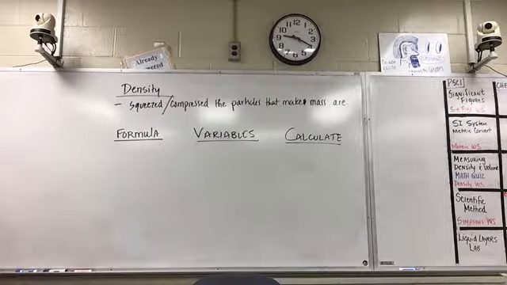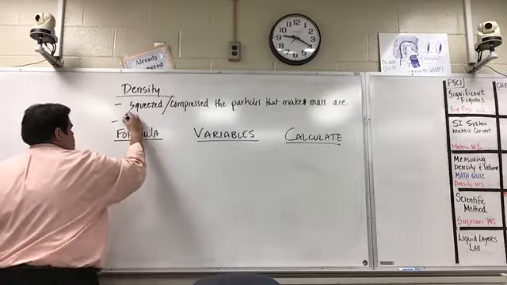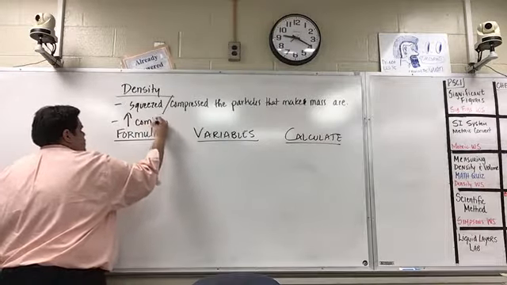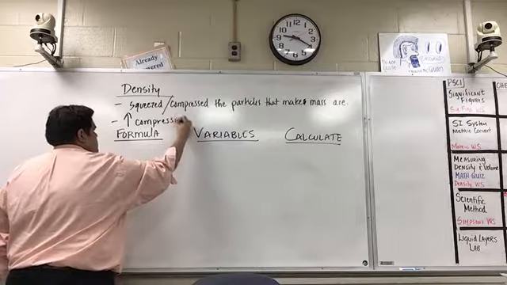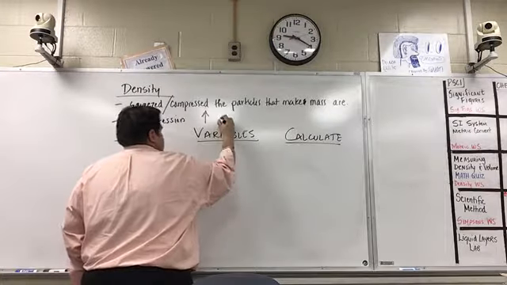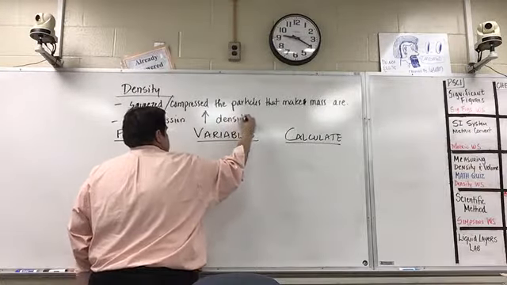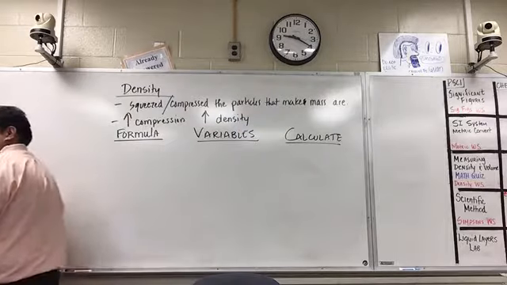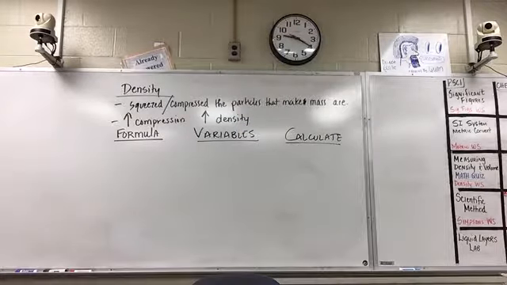All right? So here's one of those things where, on your vocabulary sheet, we said there were 2 words, direct proportion and indirect proportion. Well, if we increase the compression, we increase the density. That's a direct proportion.